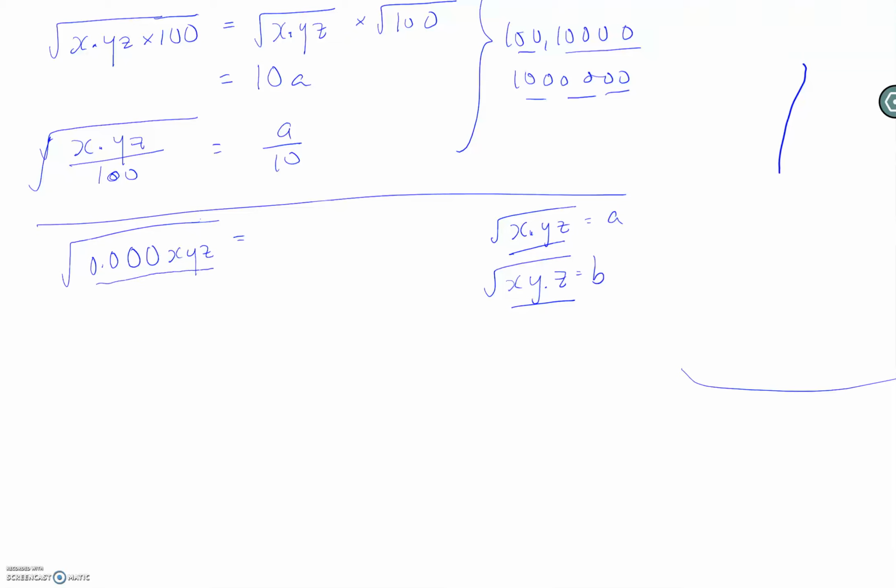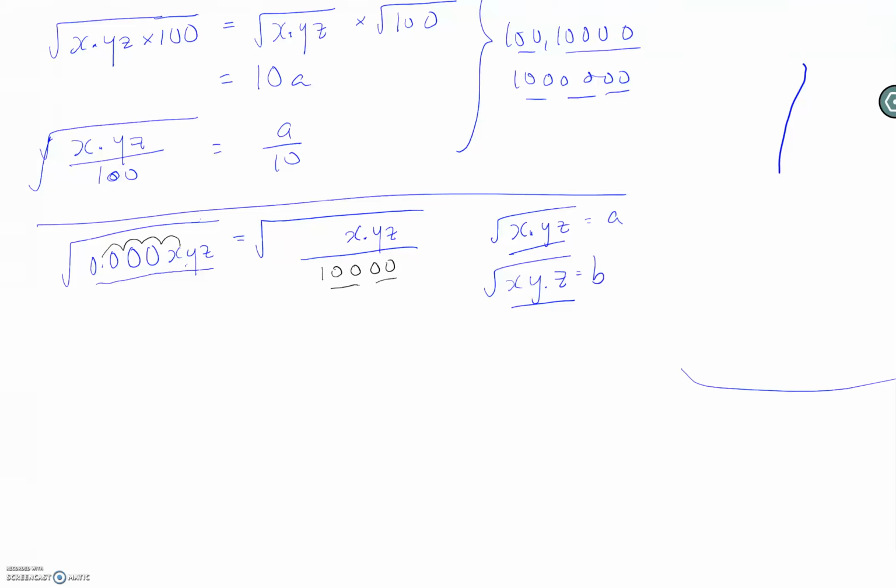But if I were to break it out, can I say this is equal to x point yz times what, or divided by what? Is it times or divide? Divide by how many? How many zeros? The point is here, right? 4. So actually it's 1, 2, 3, 4. So it's divided by 10,000.